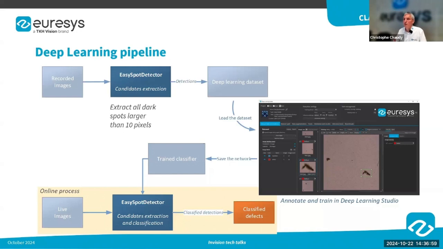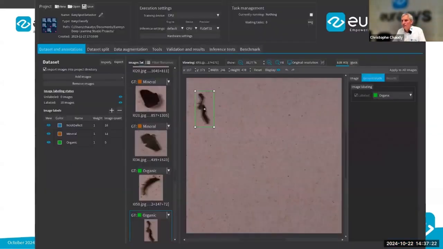For example, you can configure EasySpotDetector to extract all dark spots larger than 10 pixels. And EasySpotDetector will directly produce deep learning datasets which are compatible with our Deep Learning Studio application, which is the way to annotate and train a classifier.